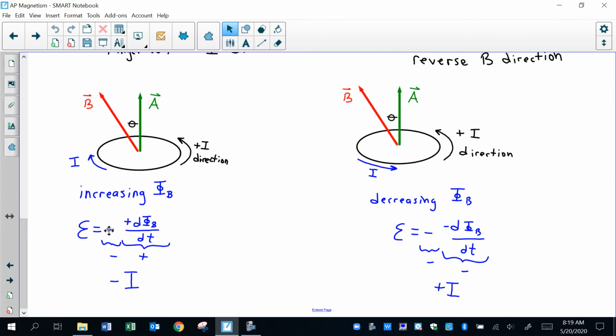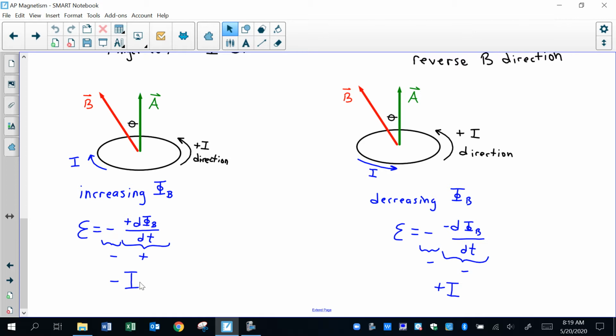using the equation, remember there's a negative sign out front, that's just for direction purposes. So if I increase my flux, maybe I'm increasing my magnetic field strength perhaps, I'm getting an increase in flux. So the rate of change in flux right here is a positive. But there's a negative out here. So what does that mean?